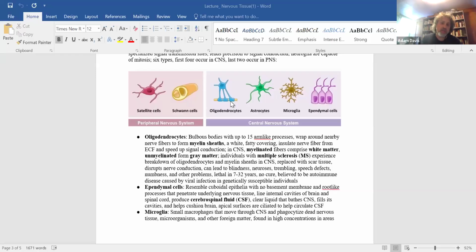Oligodendrocytes are these big, fat, bulbous cells with these long arm-like processes that extend away from them and wrap around the axons of neurons in the central nervous system. They're exclusively found in the brain and spinal cord. Oligodendrocytes do the same thing in the brain and spinal cord that Schwann cells do in the peripheral nervous system.